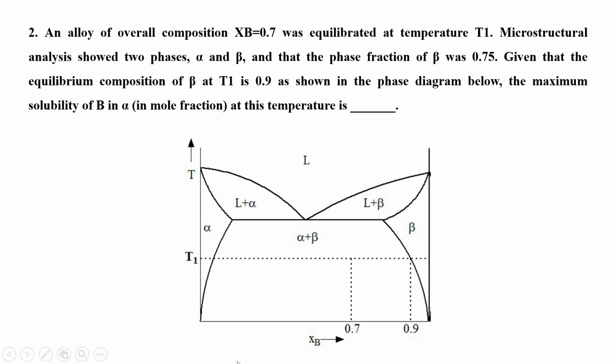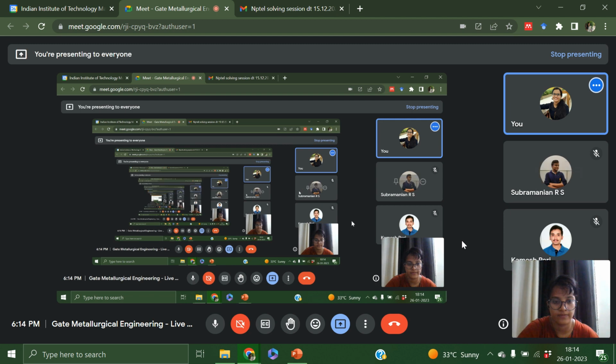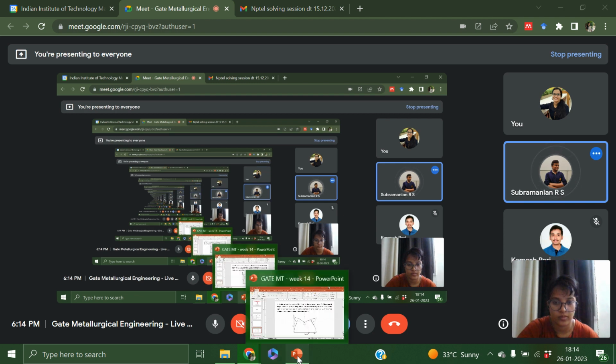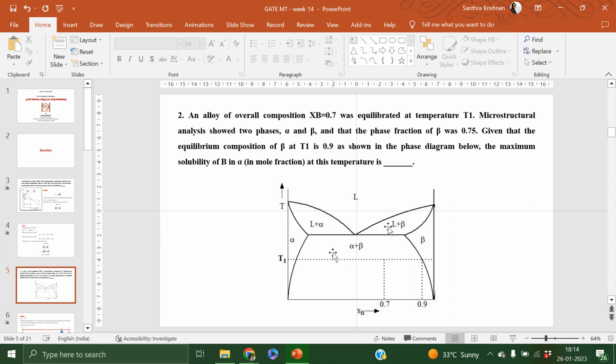So has anybody been able to answer? Where did you assume alpha to be? Did you assume alpha to be greater, or did you actually get a negative answer first? Okay.